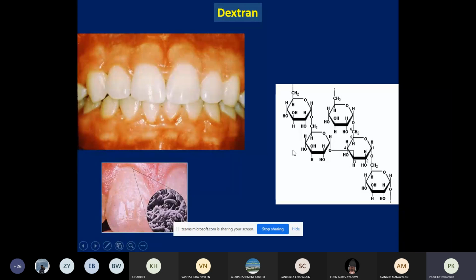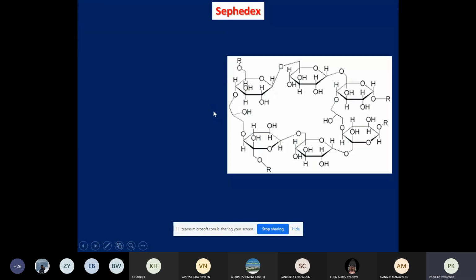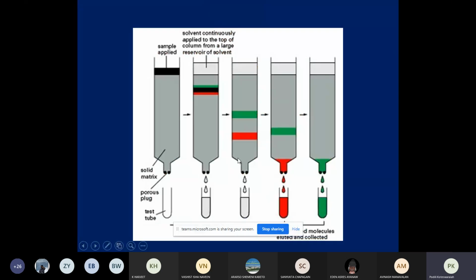This dextran is also a polysaccharide present in certain bacteria and also yeast, and dental plaques are rich in dextran, because of certain organisms present on the teeth that secrete dextran. And then we discussed the synthetic dextran, that is Sephadex, which is used as a stationary phase material in gel filtration chromatography for the separation of molecules based on size.